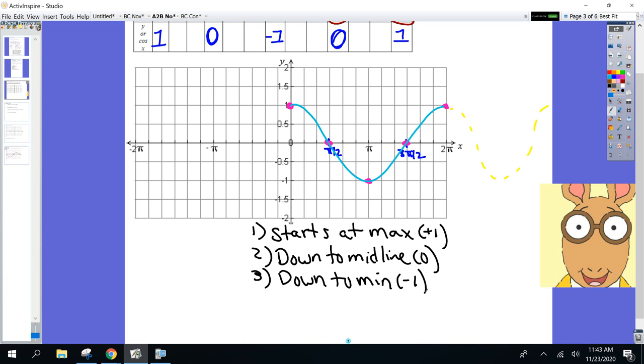Back to midline. And then where are we finishing? Finish at max, yep. So please know the difference between sine and cosine here. Very, very different. Finish at max.